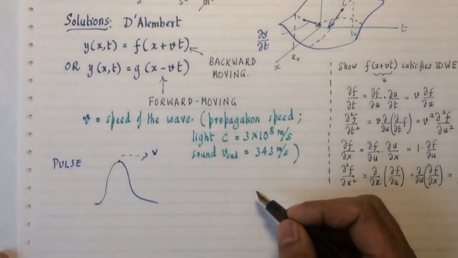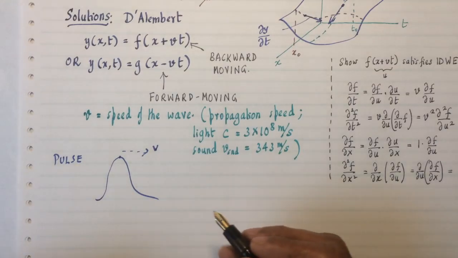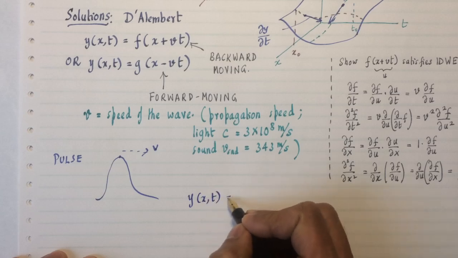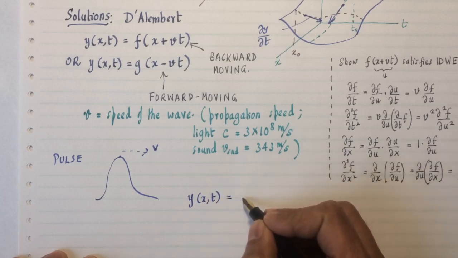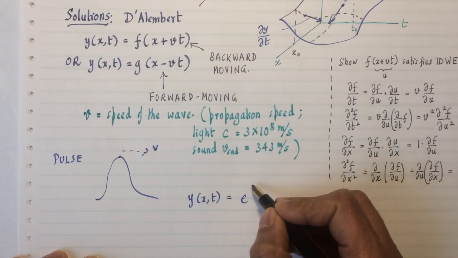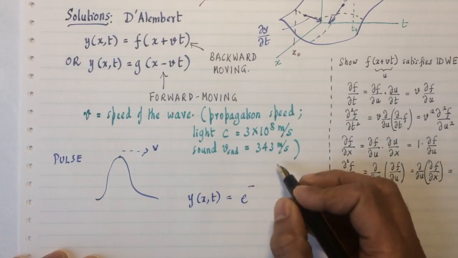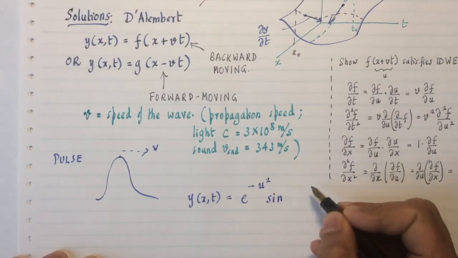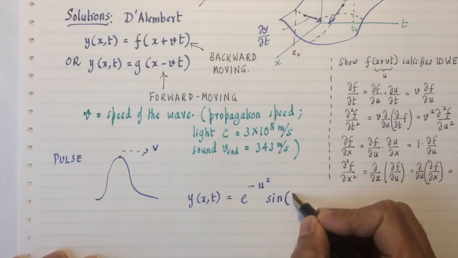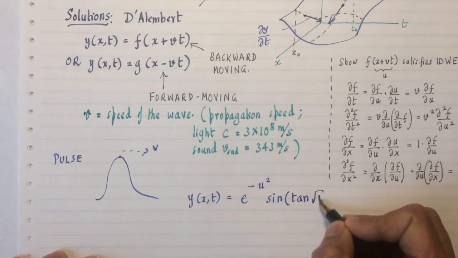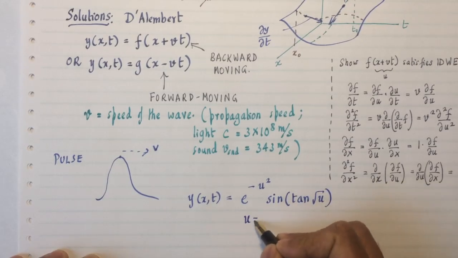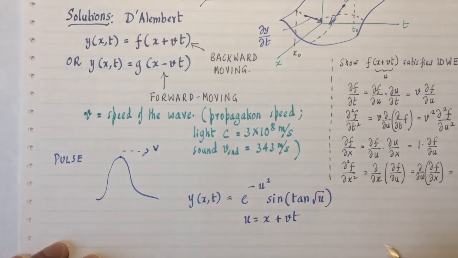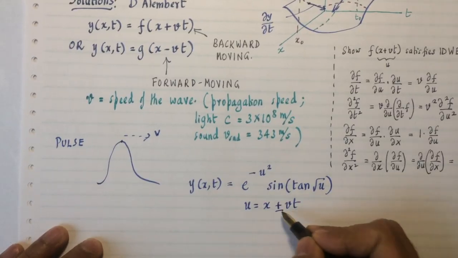Okay, now I promised to give you an example of what a pulse wave could look like. So here's a wave, and I'm making this up as I go. I don't know what's coming through my mind the next minute. So e to the minus u squared sine of tan root u, where u is either x plus vt, or it could also be x minus vt.